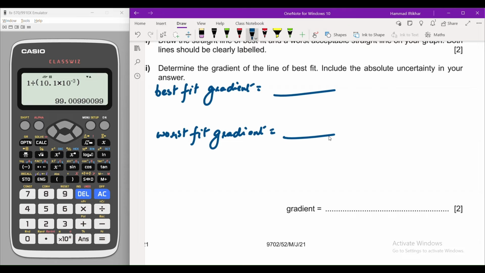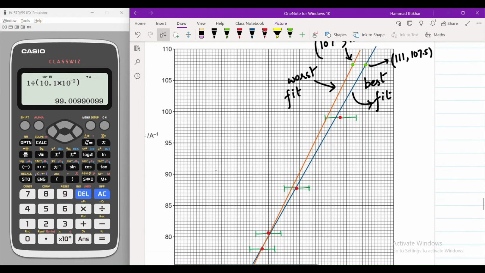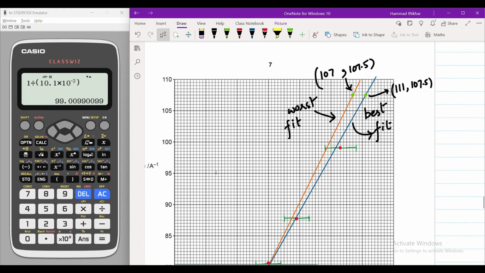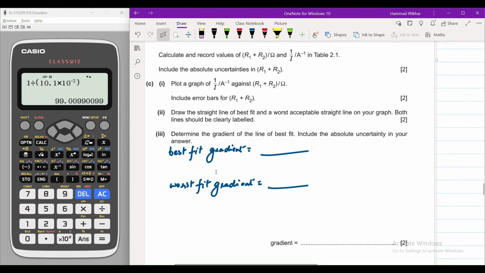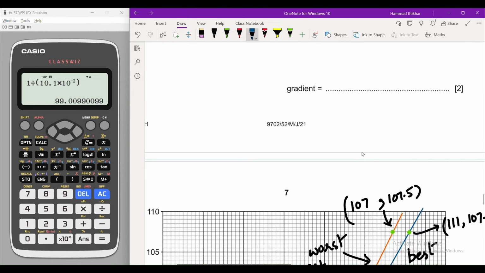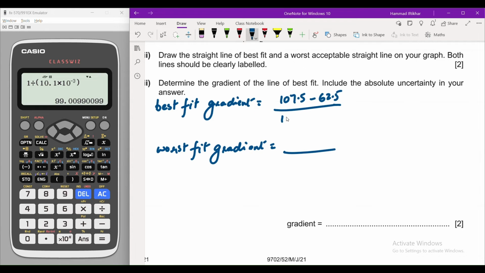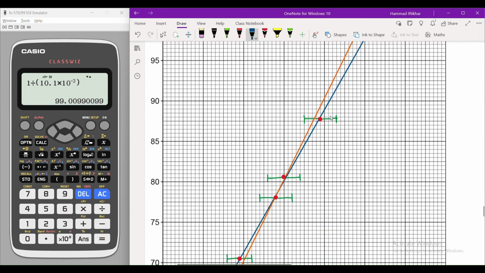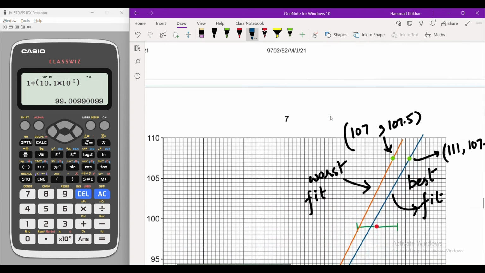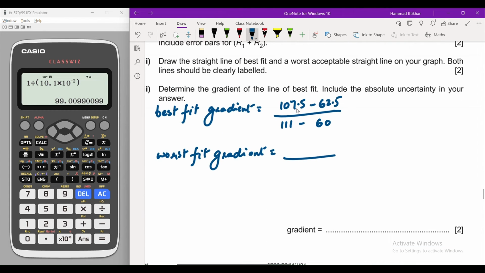Okay, so for the best fit gradient, we have points with y values 107.5 and 62.5, and 111 and 60. For the worst fit, we have 107.5 and 60, and 107 and 60.